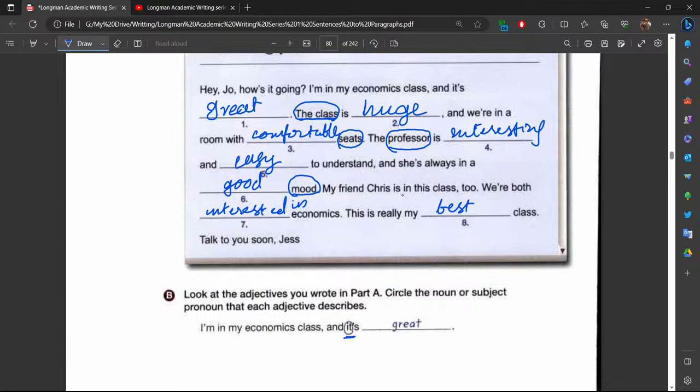My friend Chris is in this class too. We are both interested in economics. Okay. We are both interested in economics.